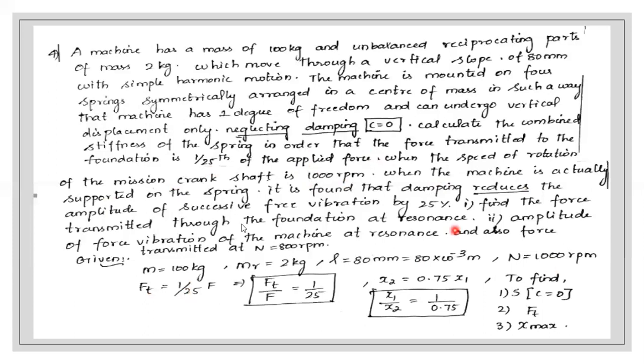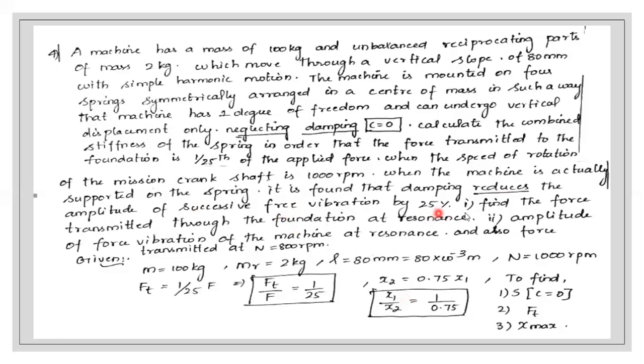When the machine is actually supported on the springs, it is found that the damping reduces the amplitude of successive free vibration by 25%. What they are trying to tell us is that for successive free vibration, that is the amplitude of successive vibration, meaning x1 and x2, it will be reduced by 25%.